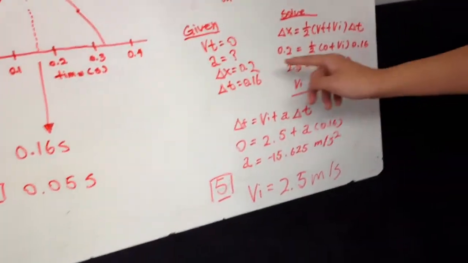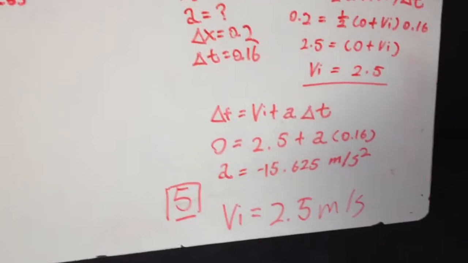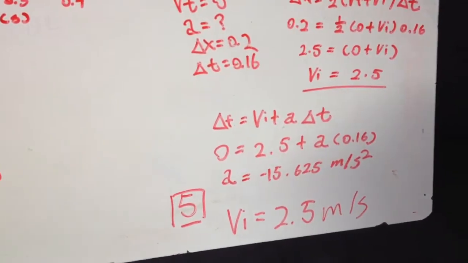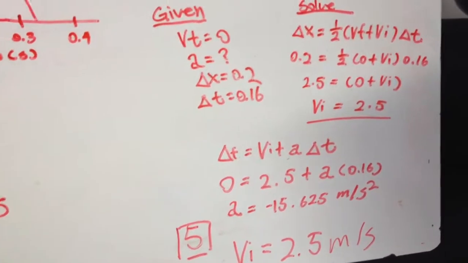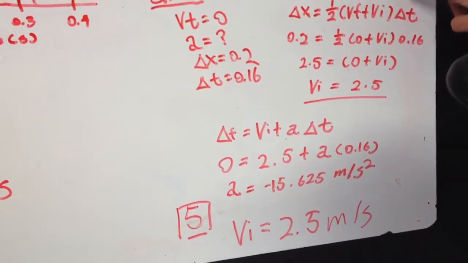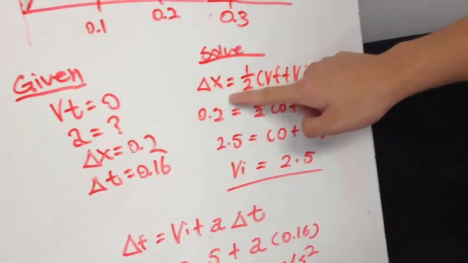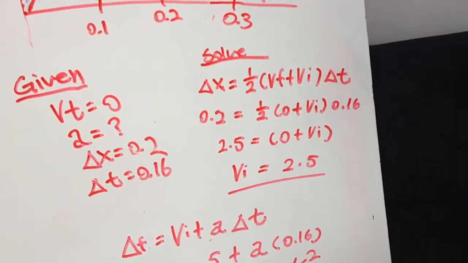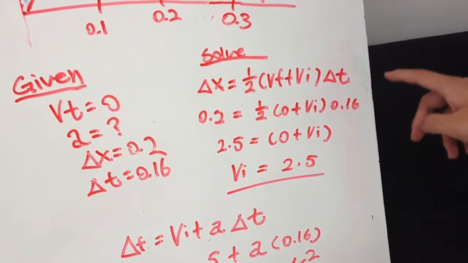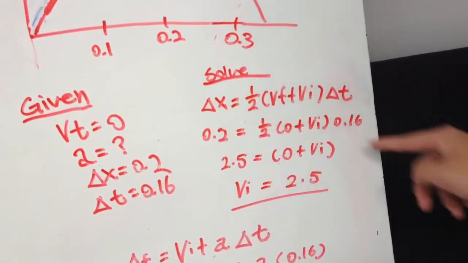Yeah, and then we use the kinematic equation to find acceleration. So basically it is change in x equals half multiplied by vf plus vi times change in time, and we substitute the numbers in.